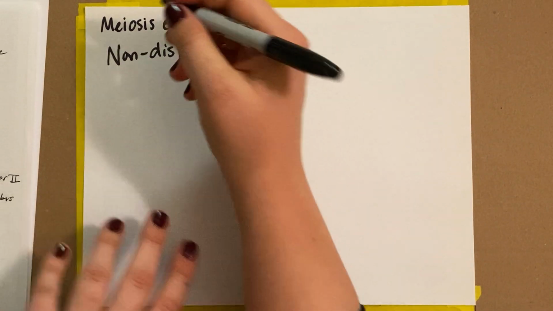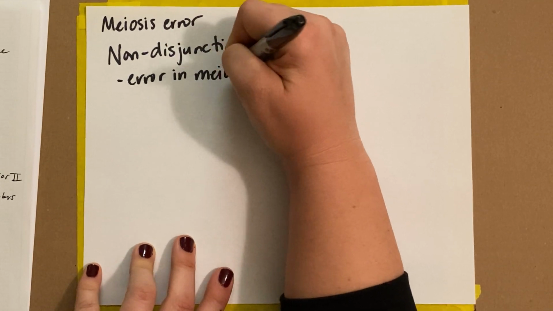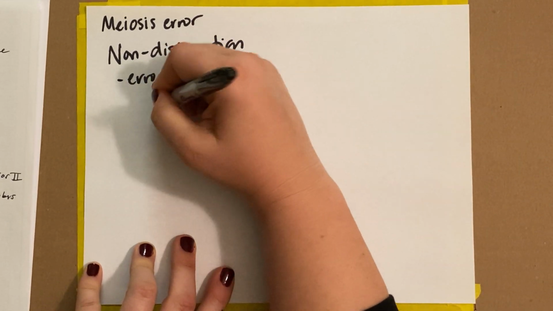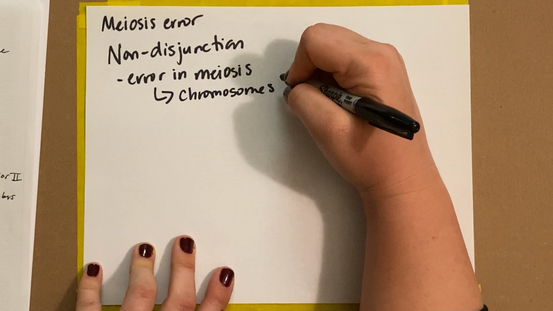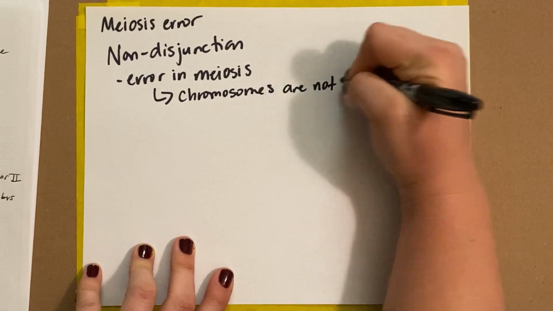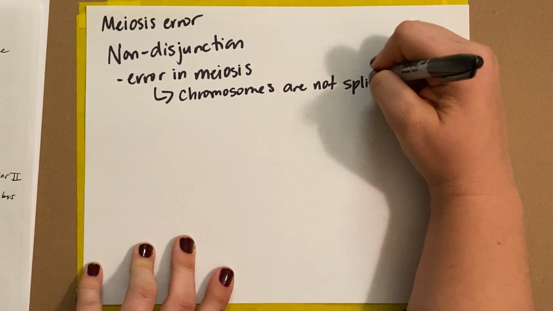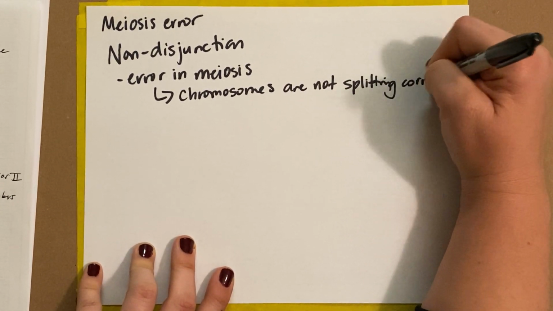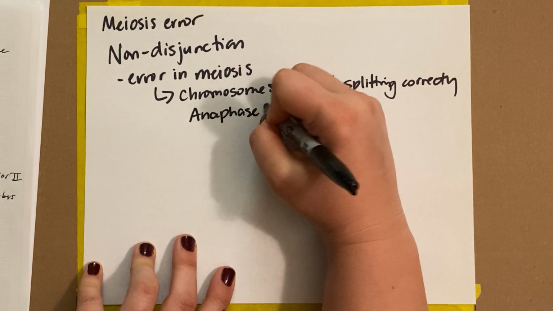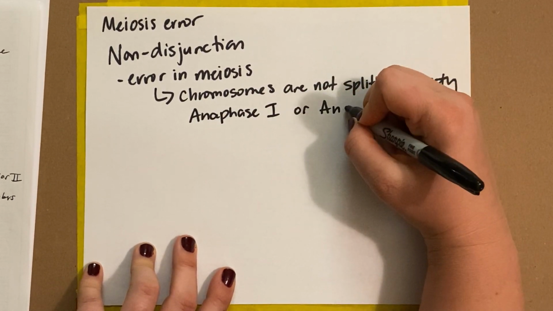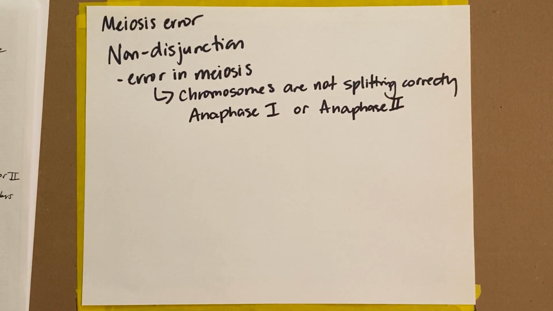Basically, there is an error in meiosis, and the chromosomes are not splitting correctly. Okay, this can happen in either anaphase 1 or anaphase 2 in meiosis. So those are just the 2 steps when you're actually having division of the cells or of the chromosomes.